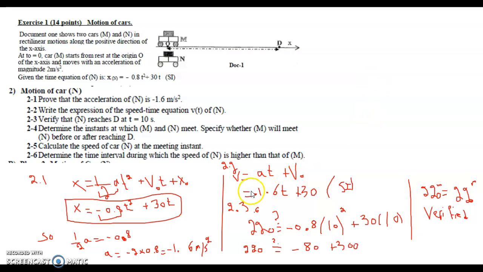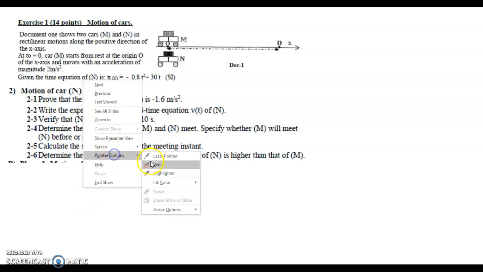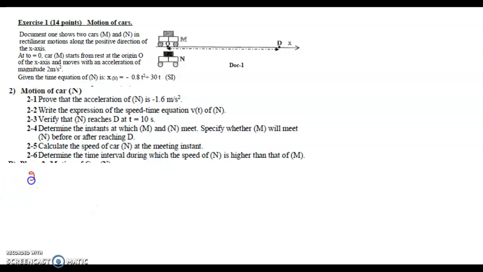It is V equal minus 1.6 t plus 30. So V of N is equal to minus 1.6 t plus 30. Okay?